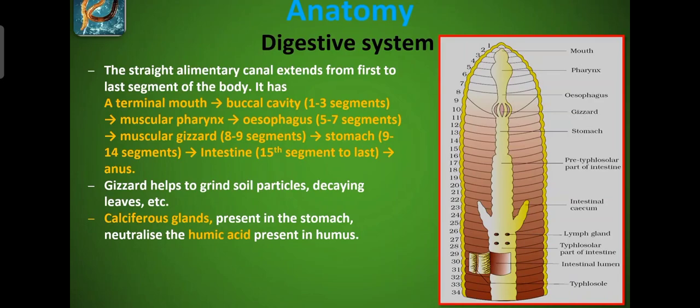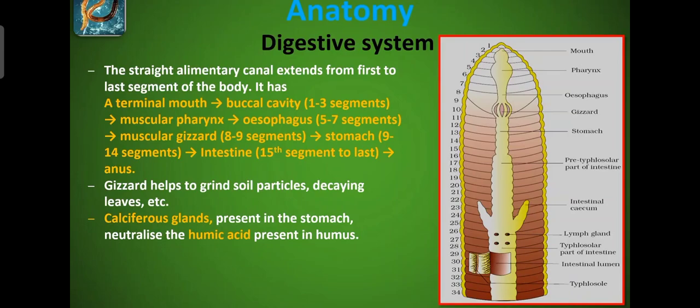Okay, now we will study the different parts of the digestive system. The straight alimentary canal extends from the first to the last segment of the body, from mouth to anus. So a complete type of digestive system is present. First, a terminal mouth is present.